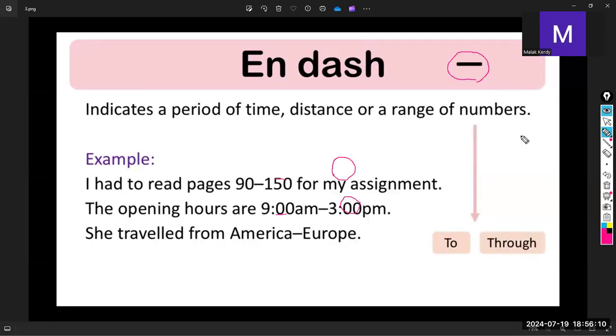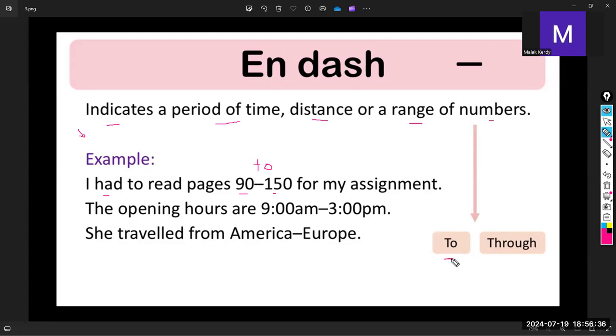Now, we use the N dash to indicate a period of time, distance, or a range of numbers. Absolutely, we have some examples. The first example is: I had to read pages 90 to 150 for my assignment.